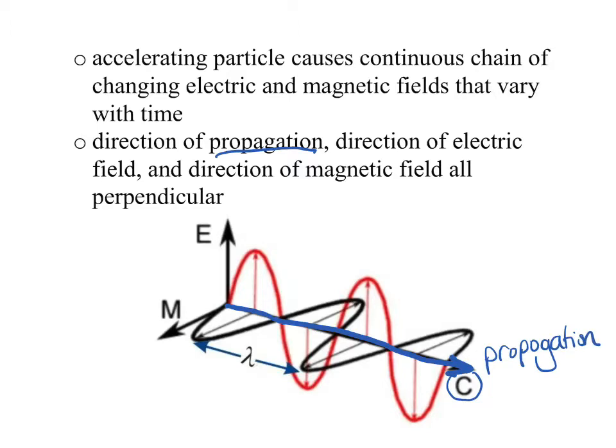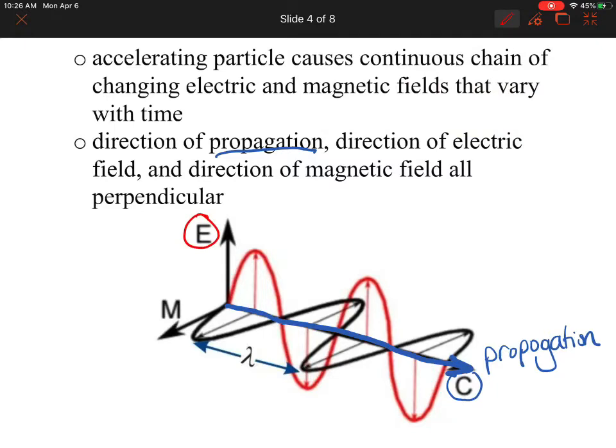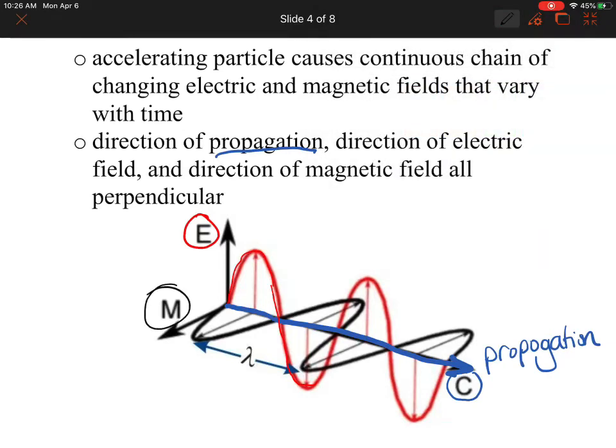If that is going in that direction, then our electric field, which here is in red, is kind of going up and down like this. It will be perpendicular to the direction of propagation, and perpendicular to that would be our magnetic field, which is over here in black, and that's kind of going in and out like this.